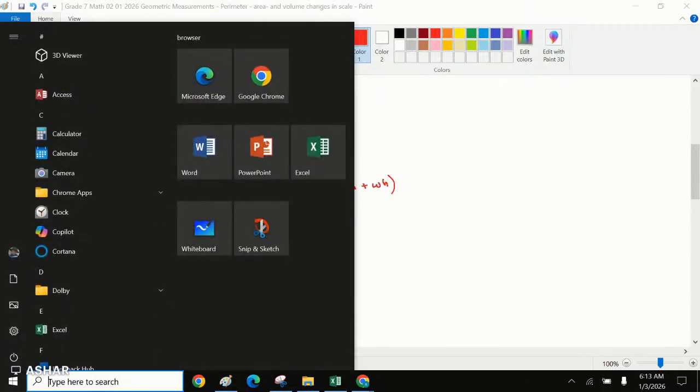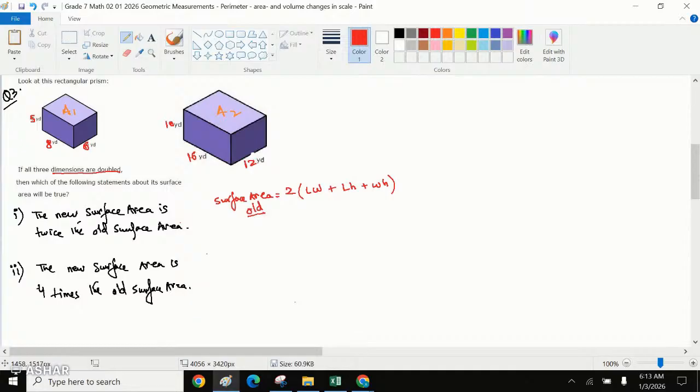Agreed? But now, if we need to find the surface area of the new shape, that means each dimension was twice. Agreed? So we can write the same statement from the formula. The length is twice now, right?